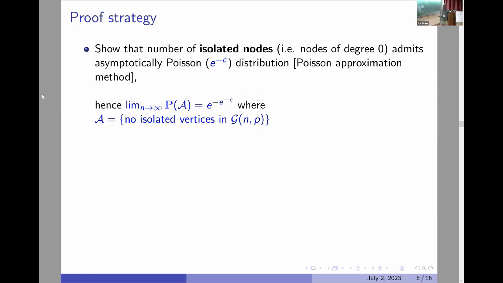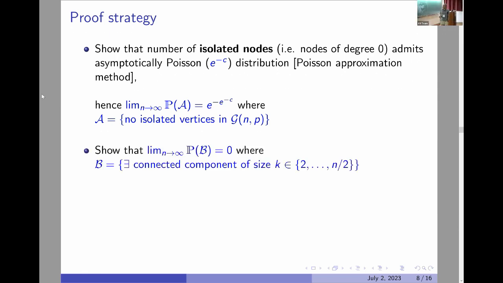And then you have to work out that this is the leading factor for disconnection in these graphs, in this regime. In other words, the probability that there is a connected component of size that is not 1 and that is not larger than n over 2 goes to 0.